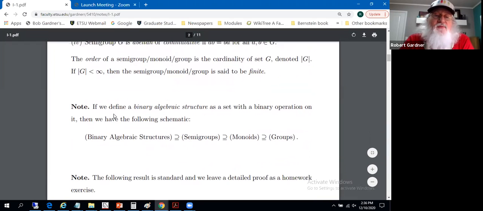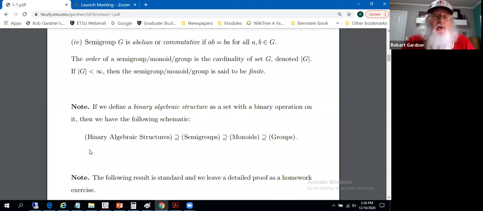We might go a little bit further and define a binary algebraic structure simply as a set with a binary operation on it. And then we'd have this little schematic of inclusions of all these algebraic structures. A binary algebraic structure includes all semigroups. The difference is that semigroups require associativity.